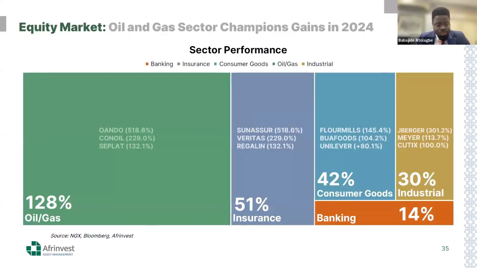In terms of sector performance, the oil and gas sector dominated sentiment. The sector index went as high as 128%. Insurance also followed suit, and consumer goods returned 42%. But banking was quite slow this season, and I think that's largely due to the corporate actions that happened.